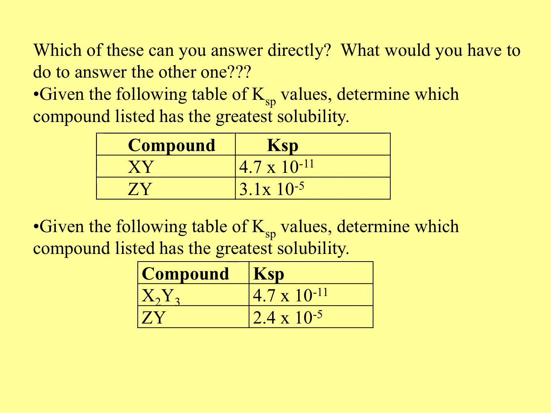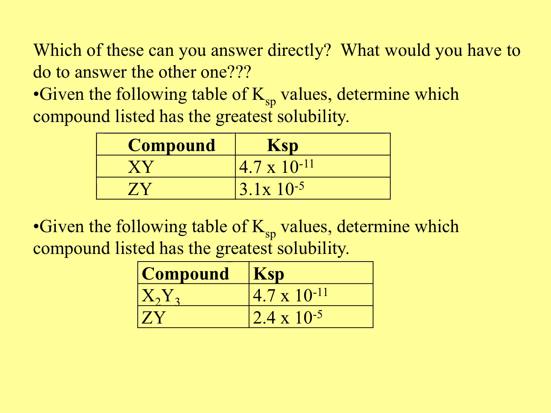Okay, so let's look at this next one and see if you can work out how you can do this problem just by looking at the Ksp value versus when you actually have to do some of the math work. So go ahead and pause the video and look over these questions. Okay, so when it comes to determining the greatest solubility from Ksp value, it's very important that you look at the stoichiometry of the coefficients.